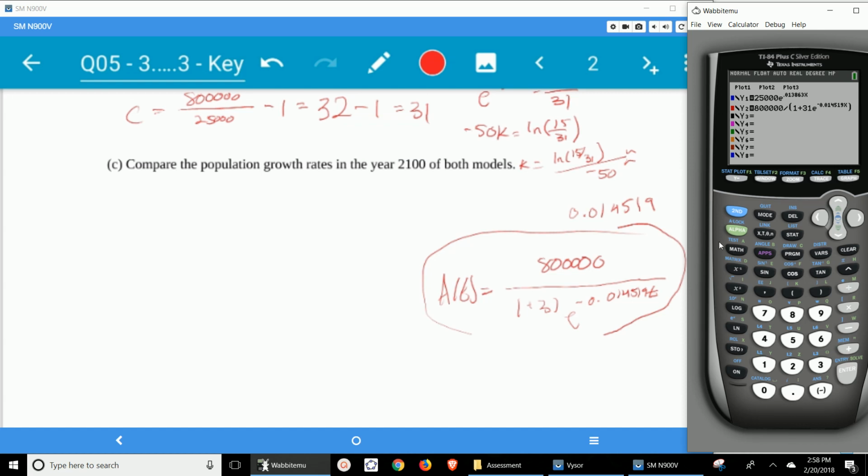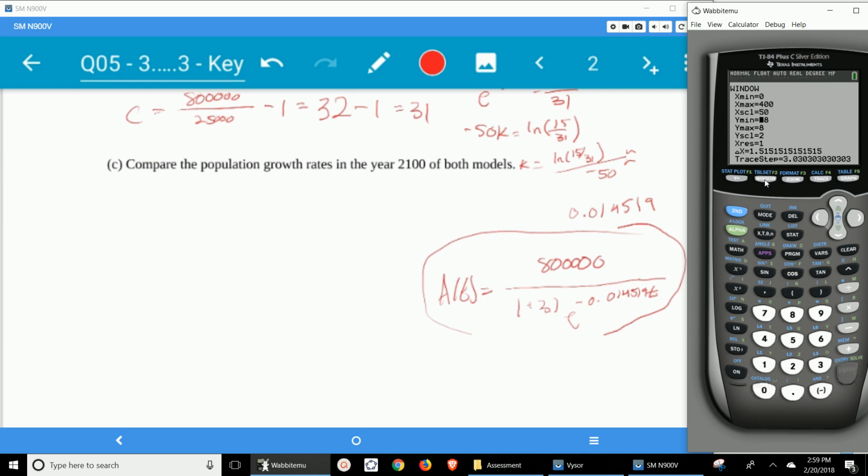Okay, now for the window, you need to have a y max of 800,000. I'll make it 1,000,000. And since it doubled in 50 years, I'm going to go out to about 500 years just to see this thing spread itself out. So I'm going to go from time 0 to maybe 400 years out.